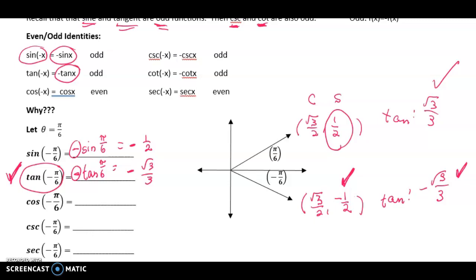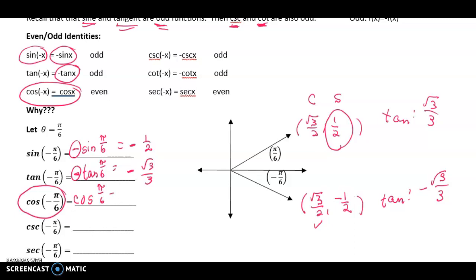Okay, let's do one more, and then I think you'll trust me that they do work. All right, let's do cosine of negative pi over 6. Trying to find the cosine of negative pi over 6, which you can see right here, is square root of 3 over 2. So it says that we should just be able to get rid of the negative sign, that we should just get the cosine of positive pi over 6 and be done with it.